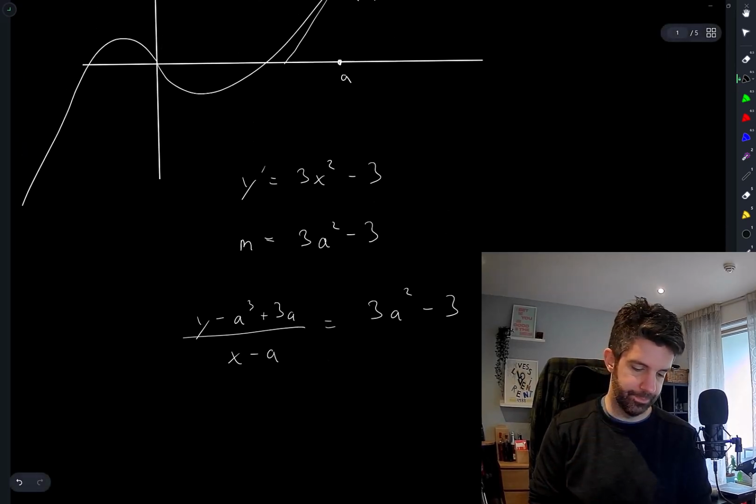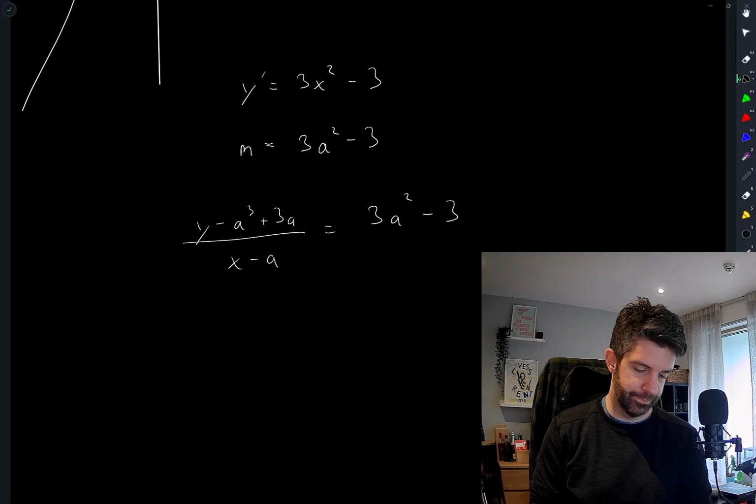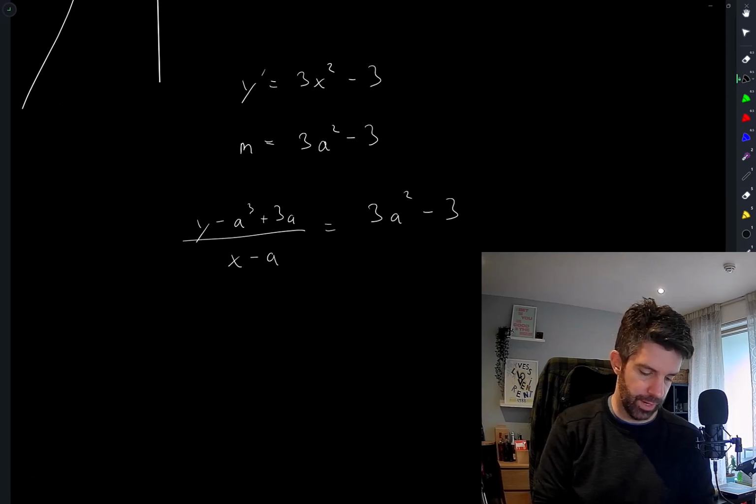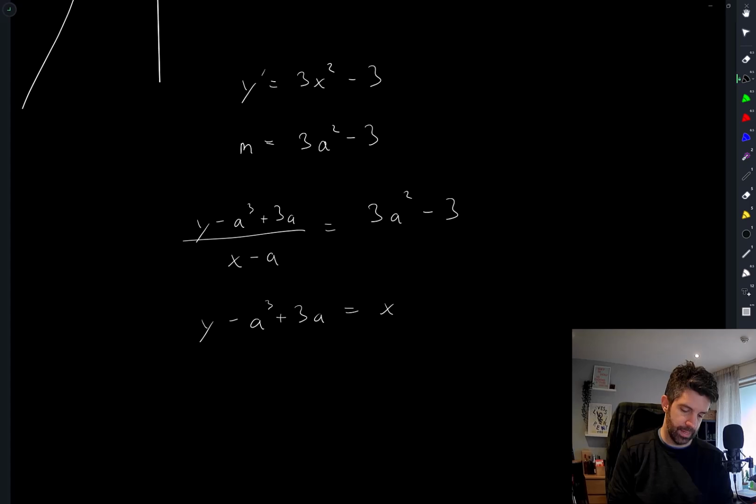To rearrange this a little bit, y minus a cubed plus 3a is equal to (x minus a) times (3a squared minus 3).